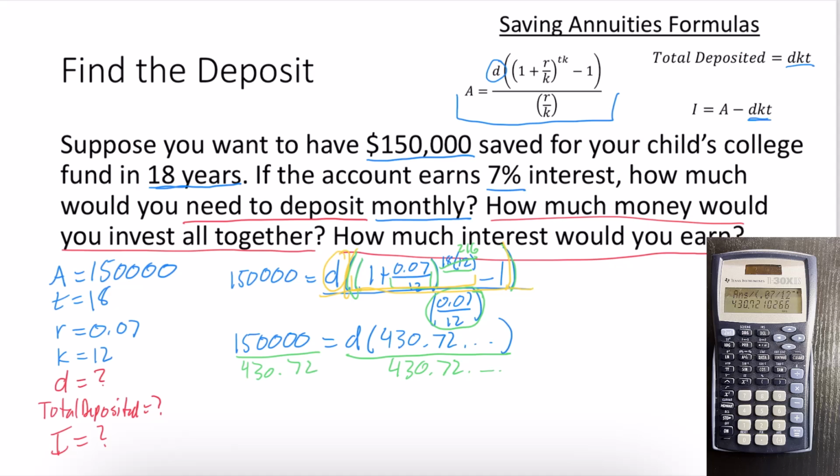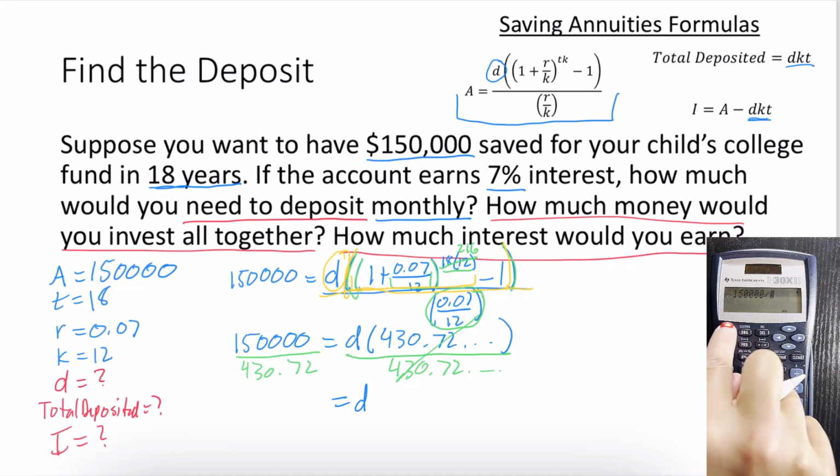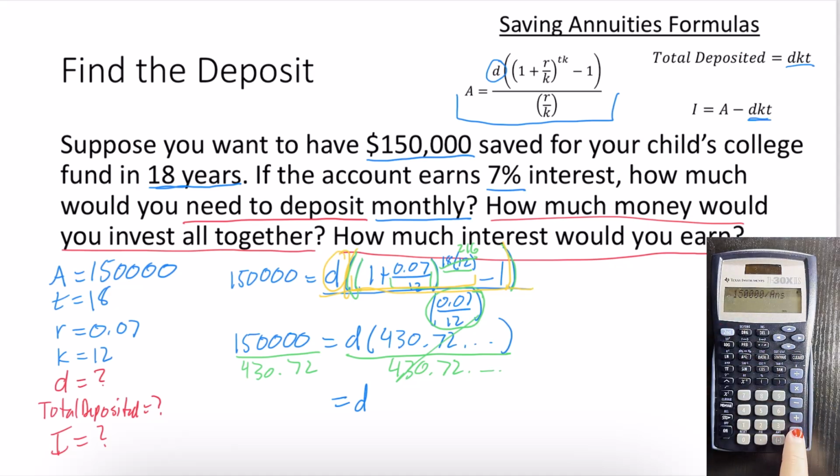So on the right-hand side, those two are going to cancel out, and we end up with d equals 150,000 divided by the answer that I had stored in my calculator before, which was the 430.72 decimal.